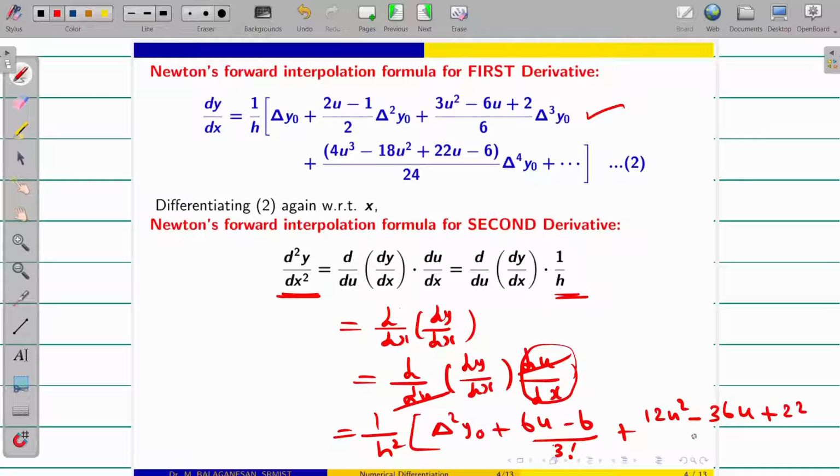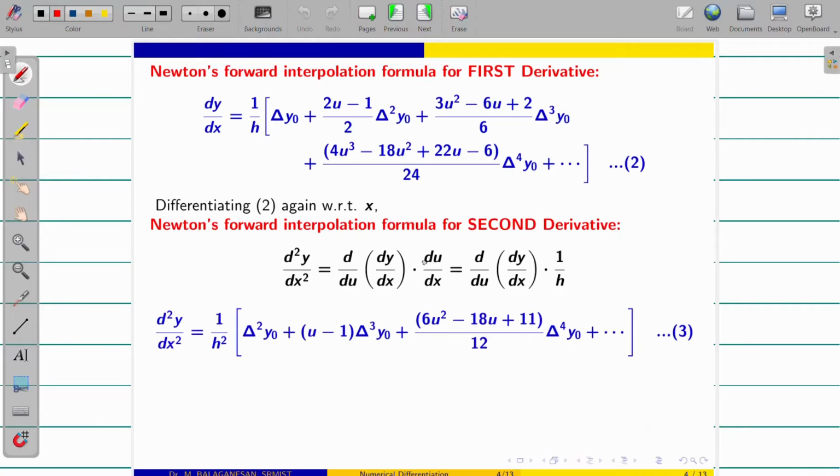Minus 6 is constant, so it will be 0. You can write this as 4 factorial into del power 4 y naught plus etc. Here it will be del cube y naught. That's it, guys. This is the way you have to find the second derivative. d square y by dx square equals 1 by h square into everything.